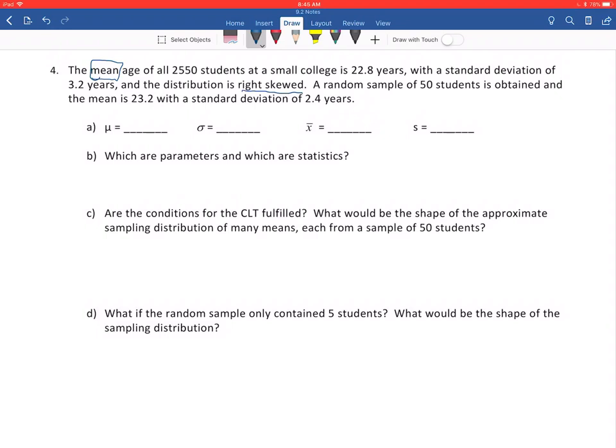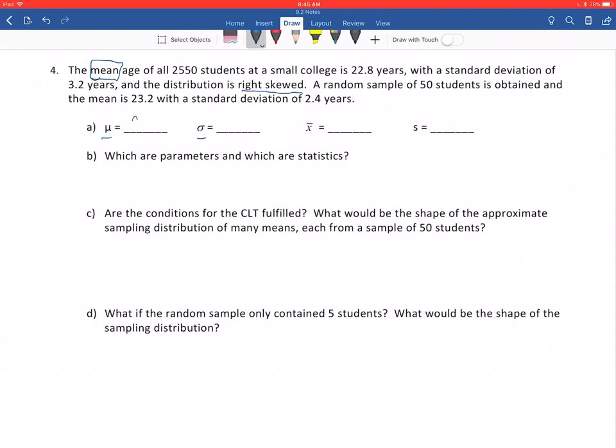So first, we want to just practice again with our notations and with our symbols. We've got mu, sigma, x bar, and s, and we just want to say which of these things is which. Okay, my Greek symbols are the ones that go along with my population. These are the ones that are sometimes unknown and that we're trying to estimate.